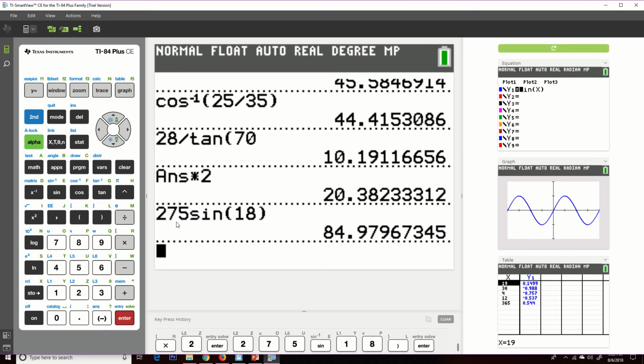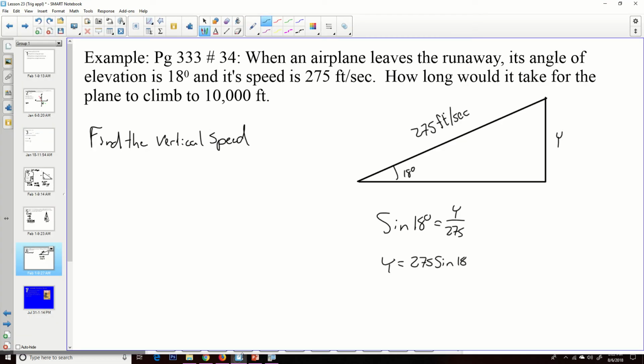If it's traveling up at an 18-degree angle at 275 feet per second, then it's traveling directly upward at 84.980, because the 6 is going to round it up. So y, the vertical speed, equals 84.980 feet per second.